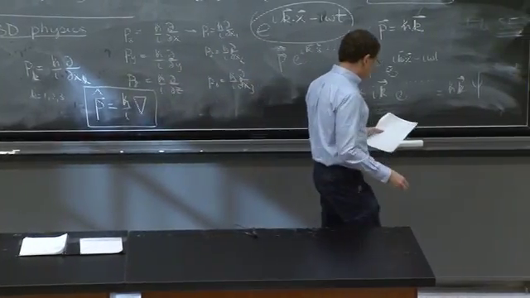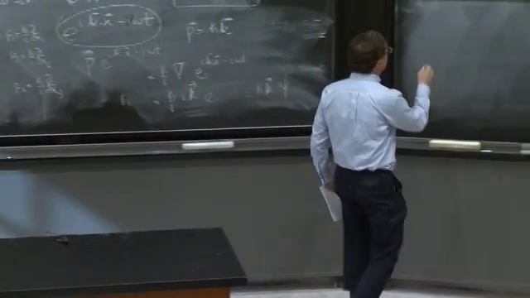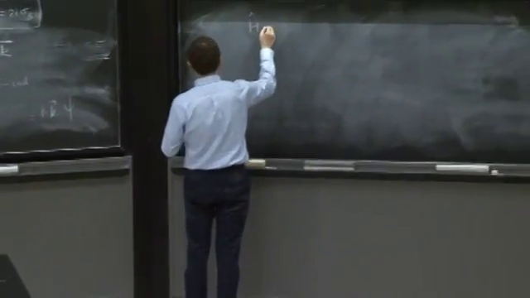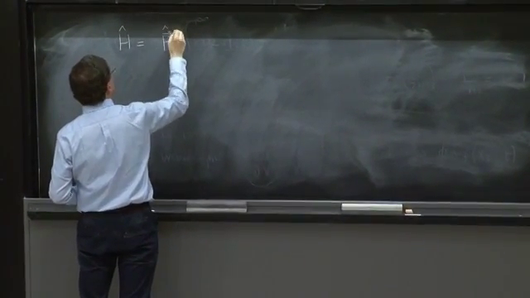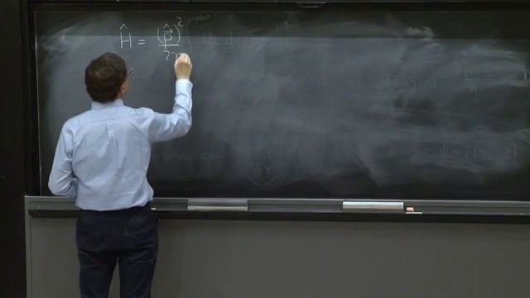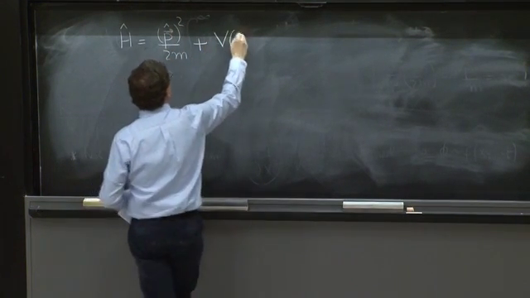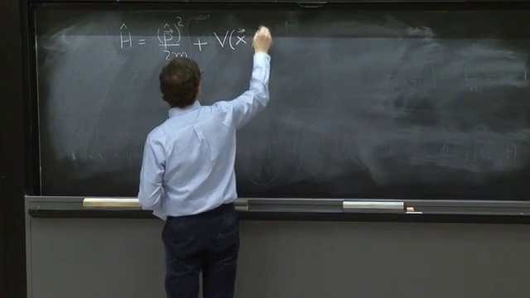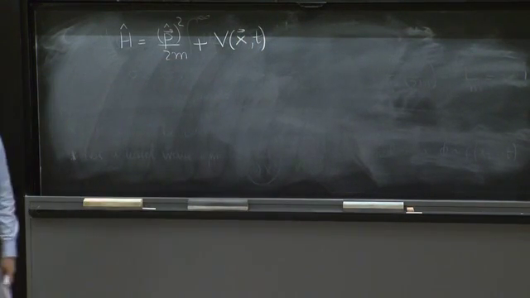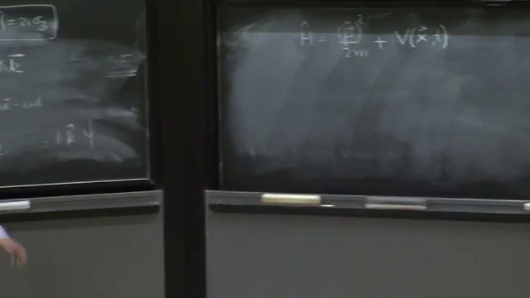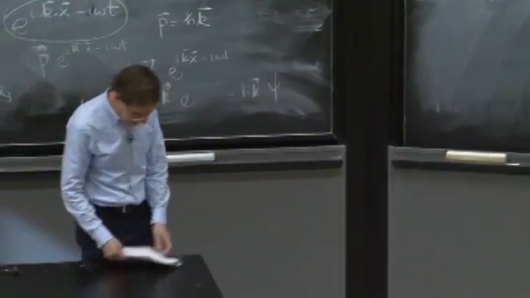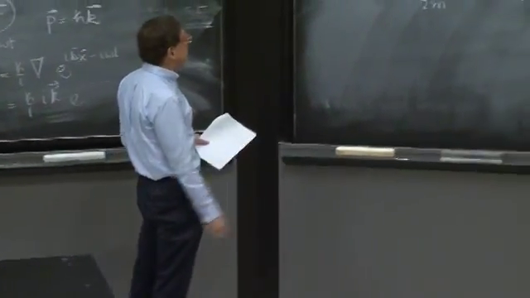So, okay, the energy operator, or the Hamiltonian, will be equal to p vector hat squared over 2m plus a potential that depends on all the coordinates x and t. The three coordinates. If the potential is radial, like the hydrogen atom, it is much simpler. There are conservation laws, angular momentum works nicely, all kinds of beautiful things happen. If not, you just leave it as x and t.